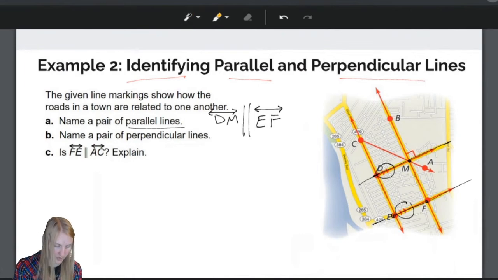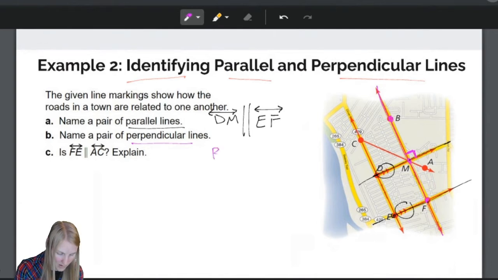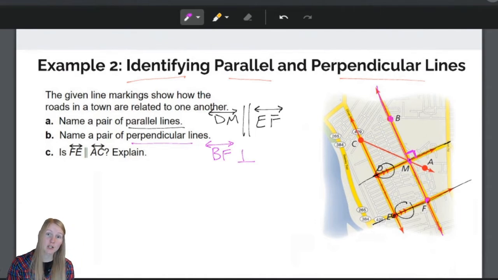Okay. Different color. Name a pair of perpendicular lines. Okay. Well, remember this box means perpendicular. So that means that this line, BF, or BM, we could also call it BM, whichever you want, BF is perpendicular to this line.